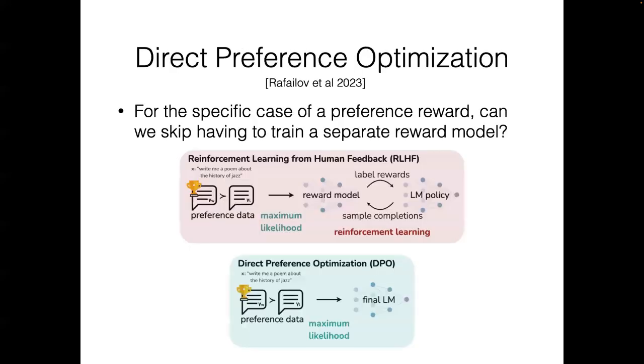Okay. So here, there's an interesting question, which is, let's say that we don't care about all rewards. We just care about these preferences. So we want to create a language model that is tuned to this preference data. Then can you actually skip all of this complicated stuff that I told you about with reinforcement learning and just directly optimize a model using this preference data?